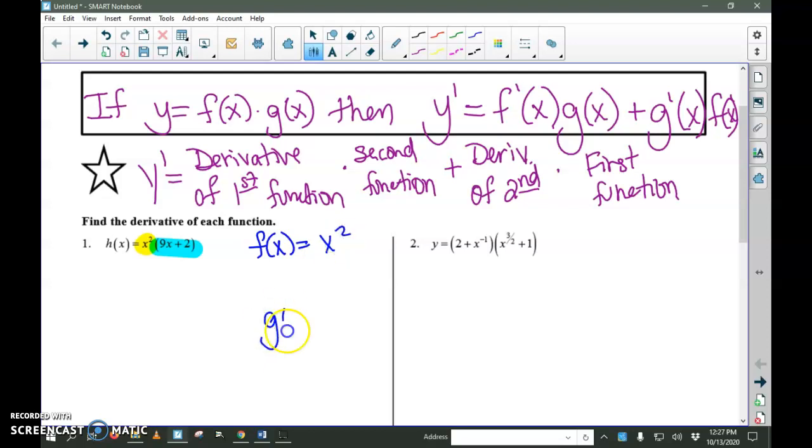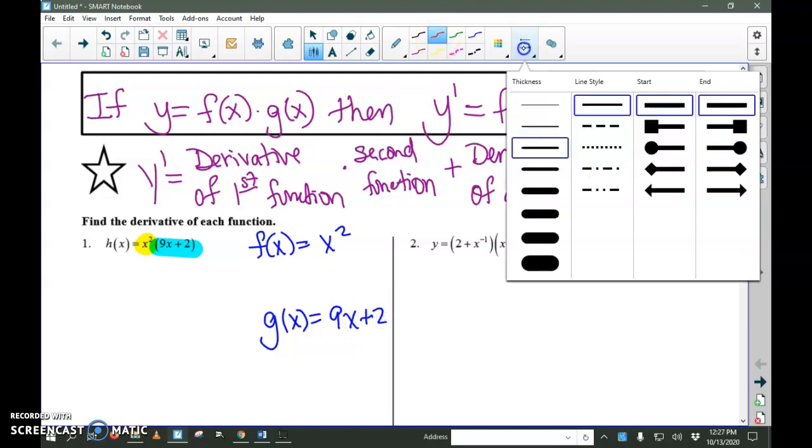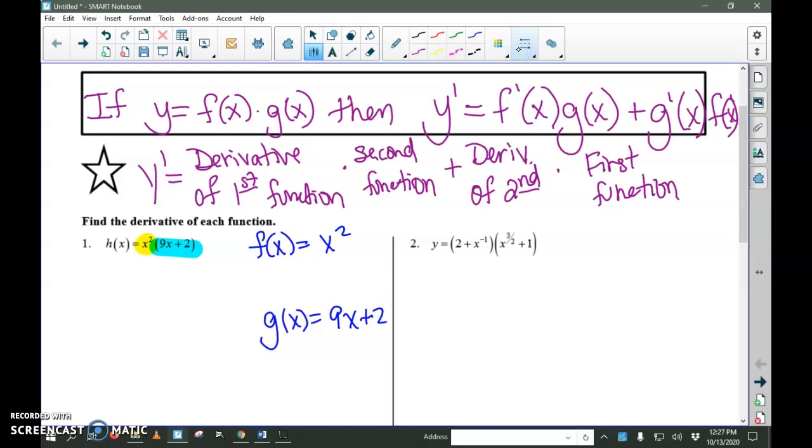My g function is 9x plus 2. And I am going to have to know what the derivative of each of these things are. So f prime, the derivative of my first function, based on the power rule, is 2x. G prime, again, based on the power rule, the derivative of 9x is just 9. And the derivative of the constant 2 is 0.